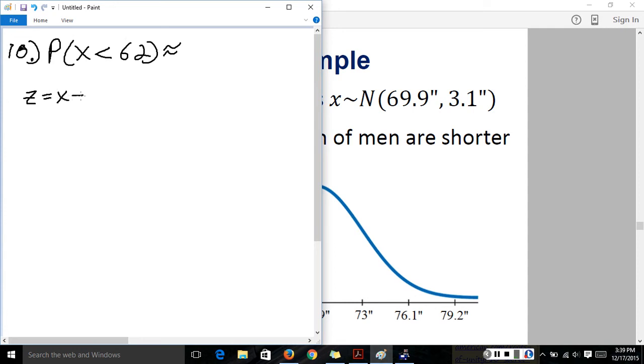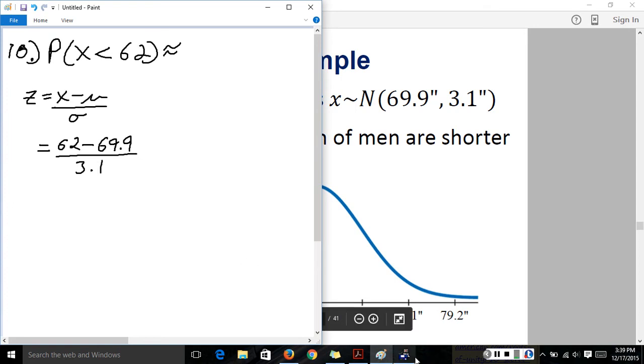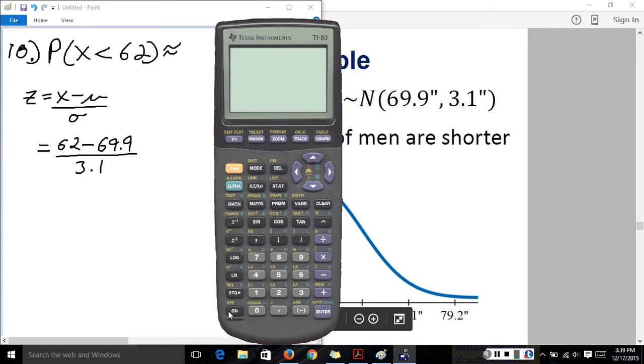Here's the z-score formula again. Now I'll substitute in x is 62. Mu is given in the problem, 69.9, and the standard deviation is 3.1. Now, if you use a calculator to find that z-score, that's perfectly fine.